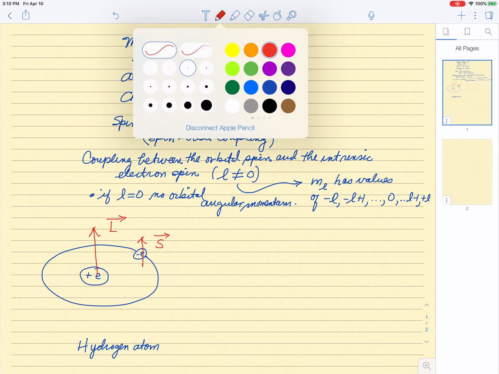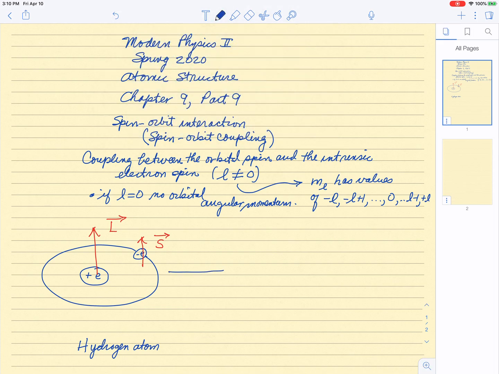It's probably best in this case to think about this in terms of the electron's reference frame. So here's the electron, and instead of looking at the nucleus at the center, we're looking at the nucleus, in this case the proton, which is in orbit around the electron.